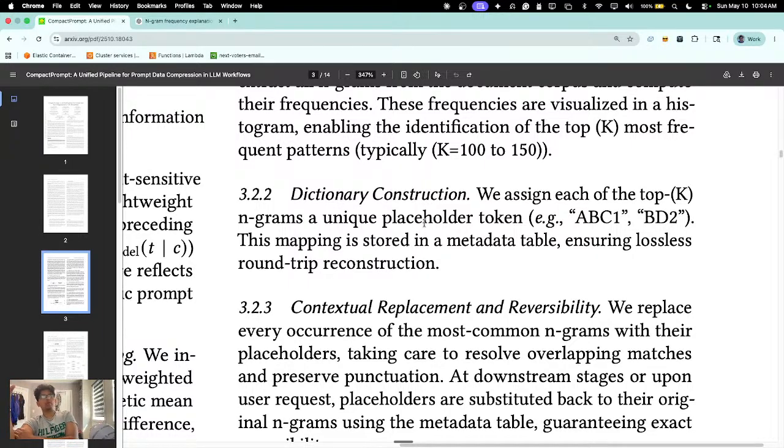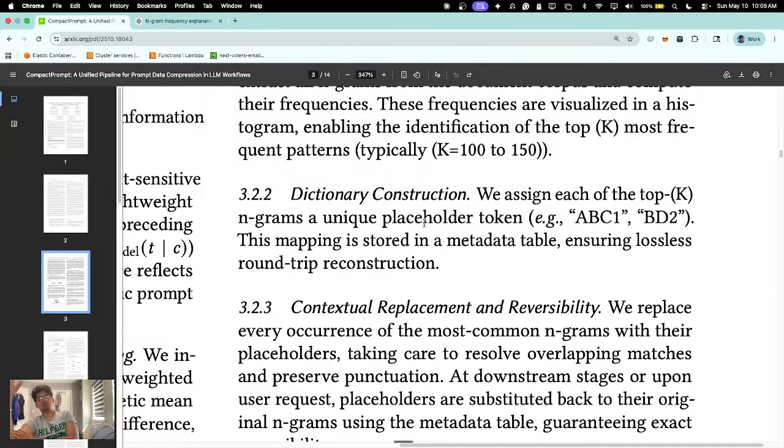And the reason why we do this is because then we take all of these mappings, where you essentially have a key-value store, right? Your key is your token, and the value is the associated n-gram pattern, and you're going to store this in a specific table. It doesn't really matter where the table is, but you need to store this in a table so that you actually have a lossless reconstruction.